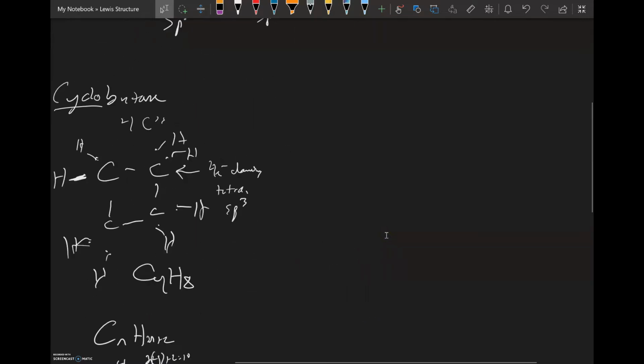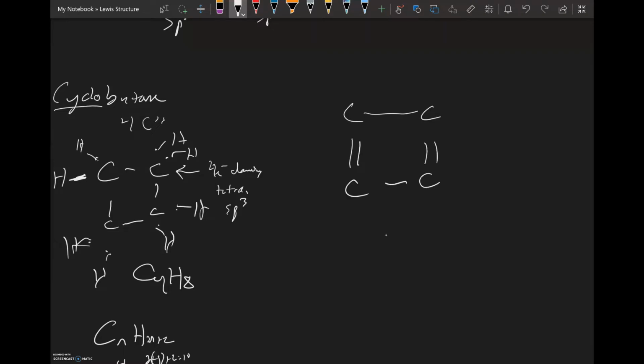So now there's one other example that I want to show you here, and that is if you are dealing with a structure where you have this configuration. This is where we're taking that carbon chain that we just saw before, and instead we're putting a double bond in between. So now the good thing is that all the carbons are going to be the same. They're symmetrical the whole way around. And so we're just going to focus on one individual carbon atom here.